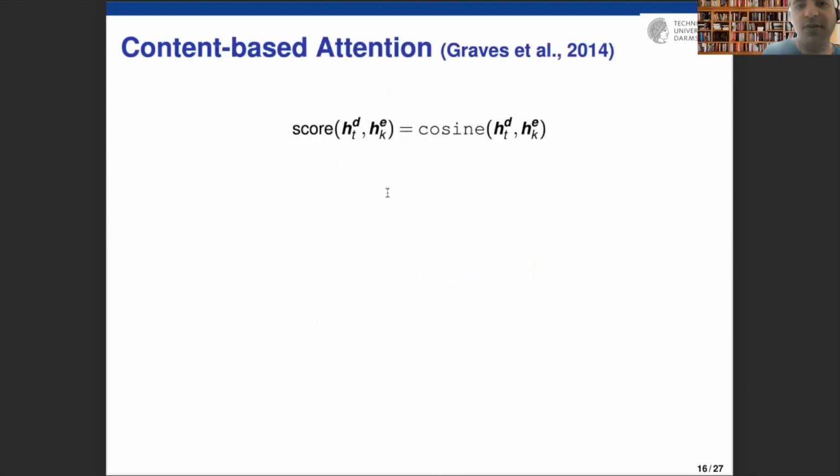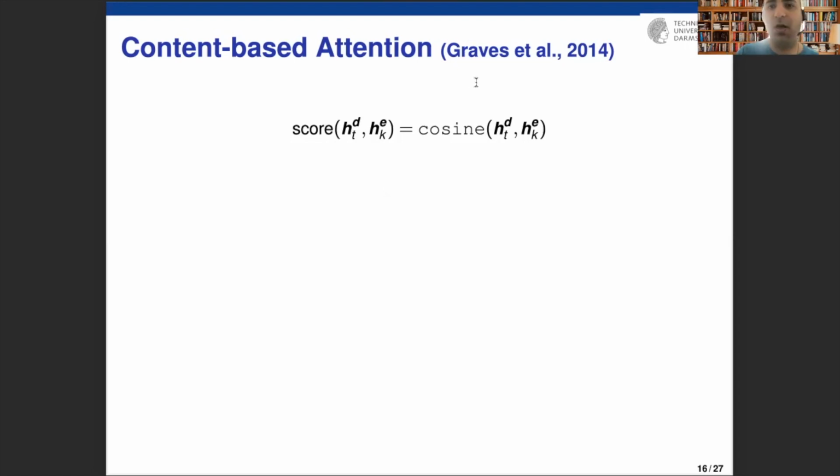We can define different types of score functions, and based on the way you compute them, you get different attention mechanisms. The first idea is to use content-based attention.